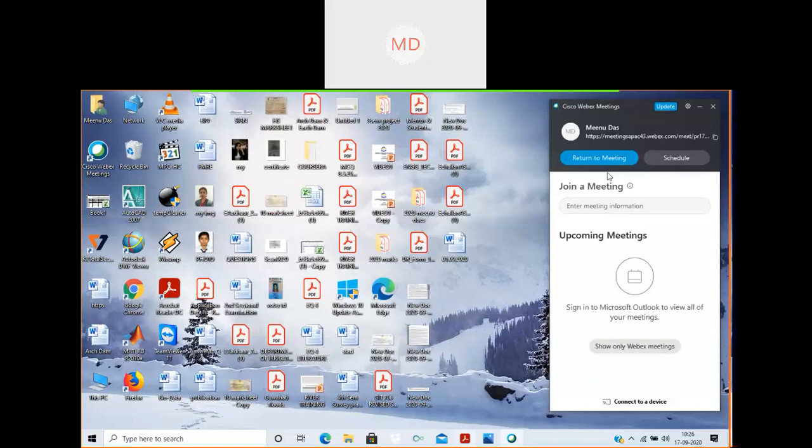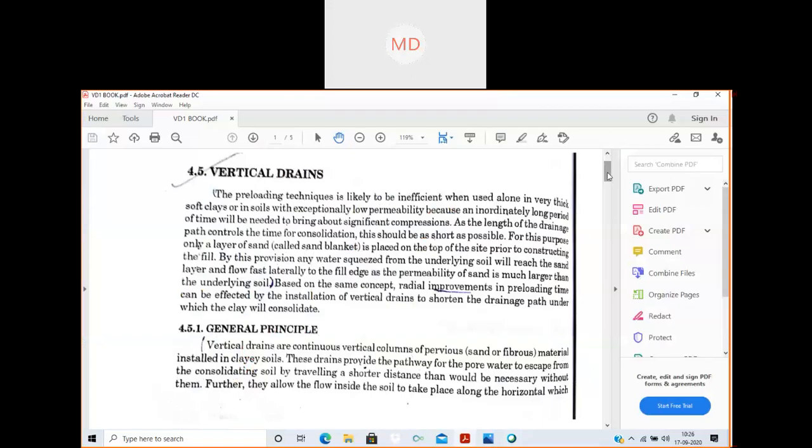Is the screen visible to all? Okay. So today we are going to see about vertical drains. And before also I have discussed about vertical drains a little bit.